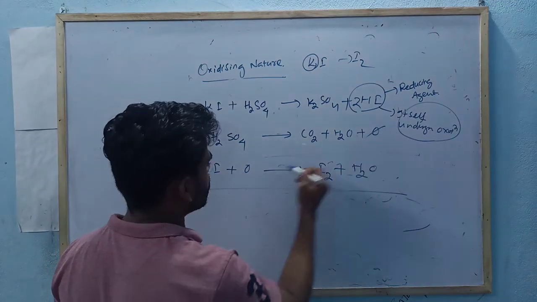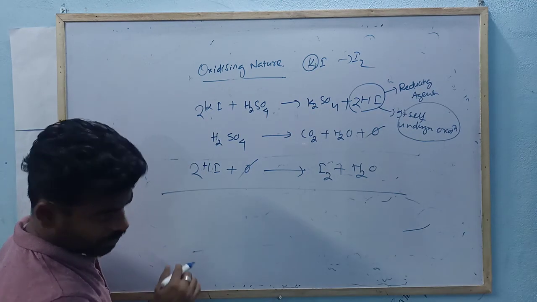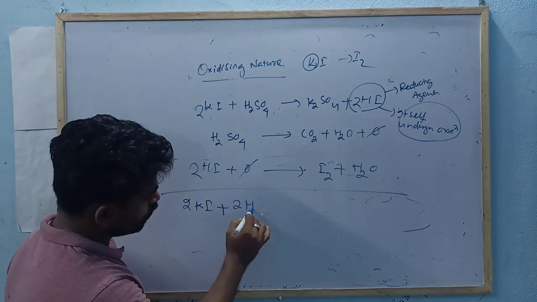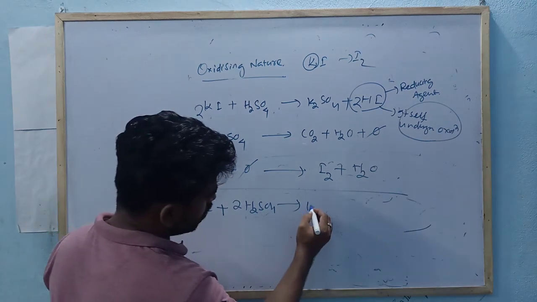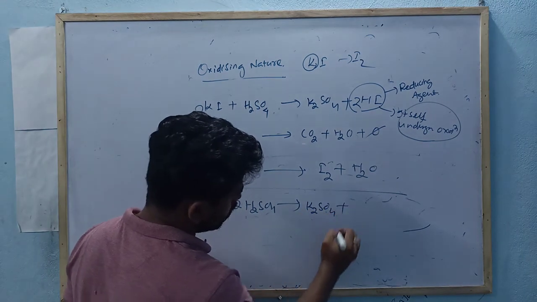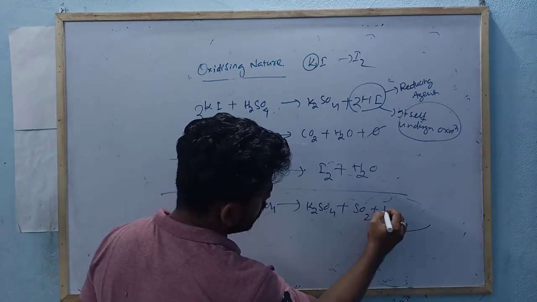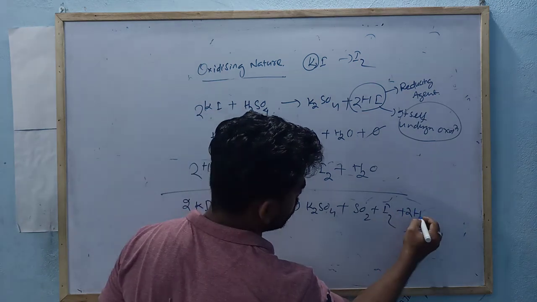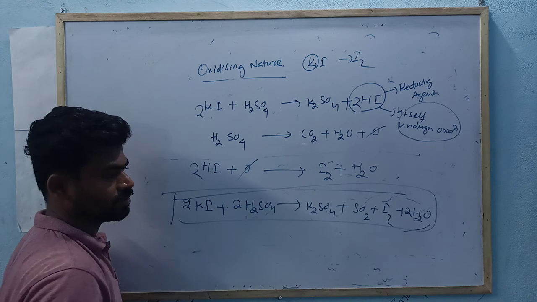You just cancel the nascent oxygen and write down the final equation: 2KI plus 2H2SO4 giving rise to K2SO4 plus SO2 plus I2 plus 2H2O.